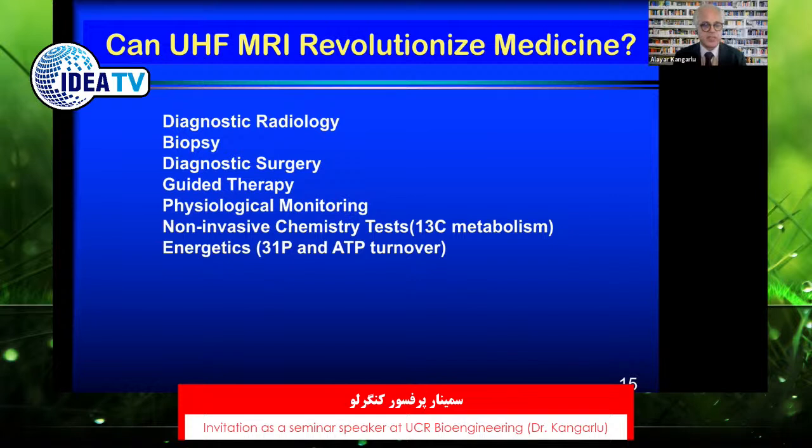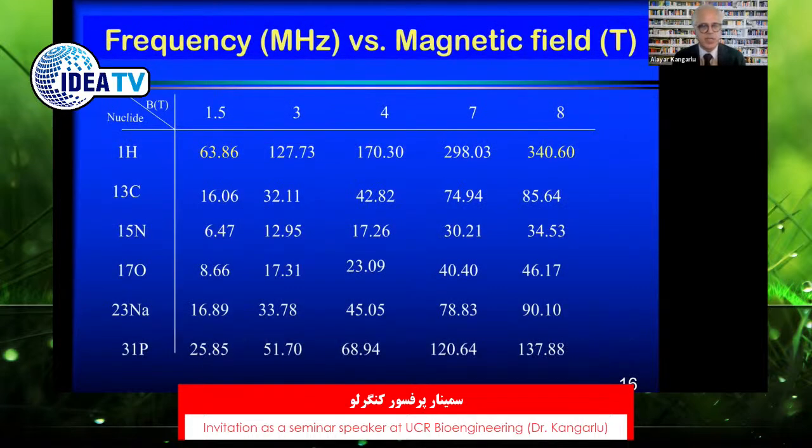The most interesting one is carbon-13, and we can use carbon-13 spectroscopy to study metabolism and the Krebs cycle and gain some fundamental cellular information about a specific region in the human body. And obviously the energetics detectable by phosphorus and the turnover of adenosine triphosphate, ATP, are just a few examples of what MRI has done so far and can do as it becomes more and more empowered by the increase in field strength.